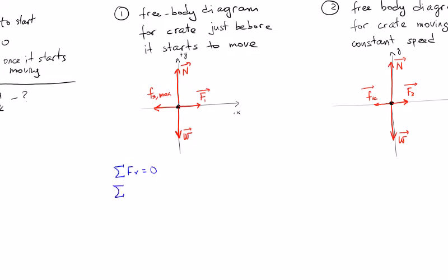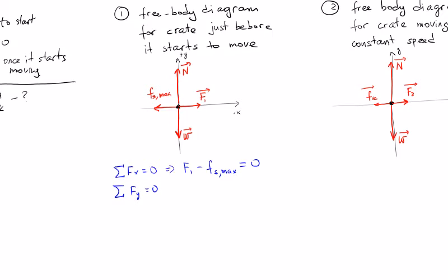Sum of the forces by y also equals 0, since the crate is not moving. So on the x-axis we have F1 minus Fs max equals 0.